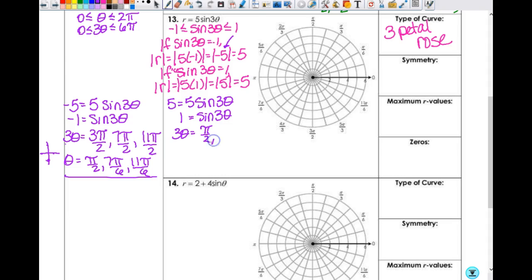So I got pi halves, and then what? 5 pi halves, and then 9 pi halves. Then I have to divide everything through by 3, and I get that theta is equal to pi 6, 5 pi 6, and then what's 9 pi 6? 3 pi halves.